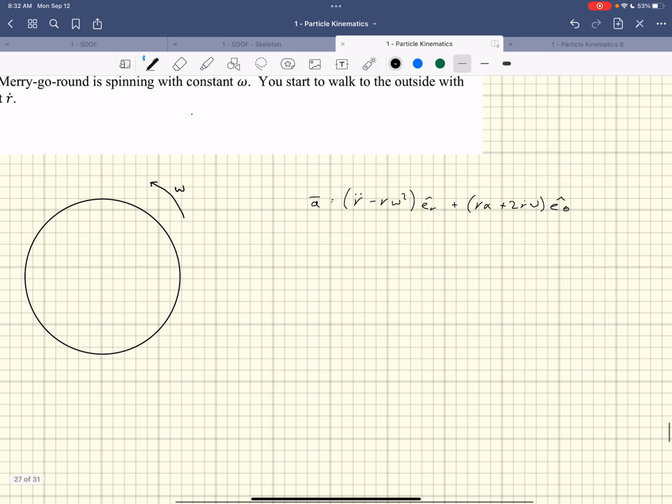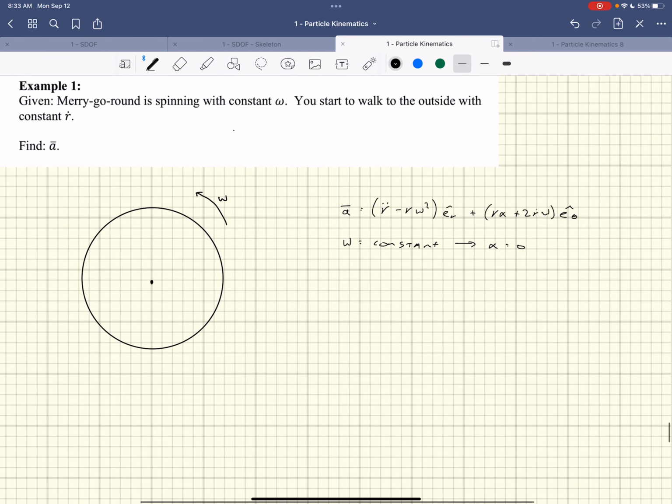Okay. And so some key terms in here. It says the merry-go-round is spinning with a constant omega. So if it's a constant omega, then what's alpha? Yep. Omega is constant, that tells us that alpha is 0. And then you walk to the outside with a constant r dot.